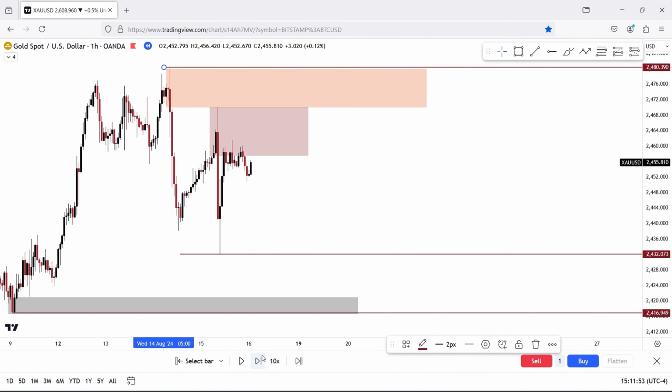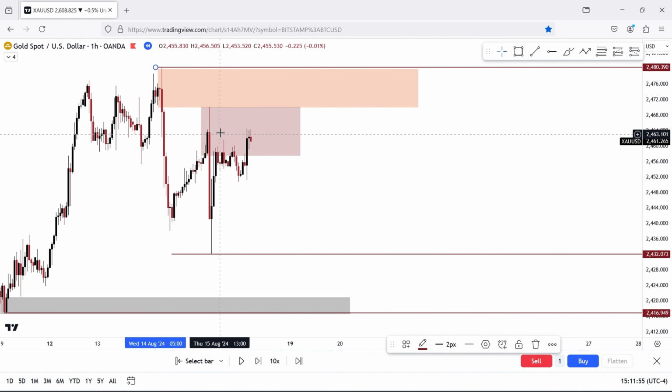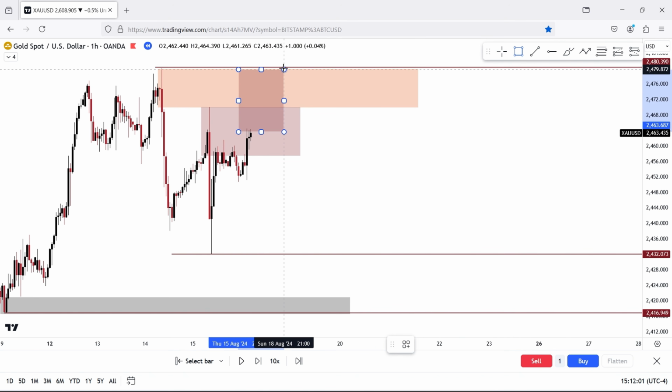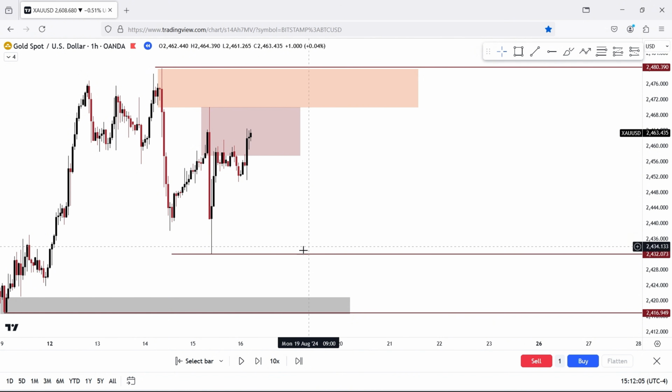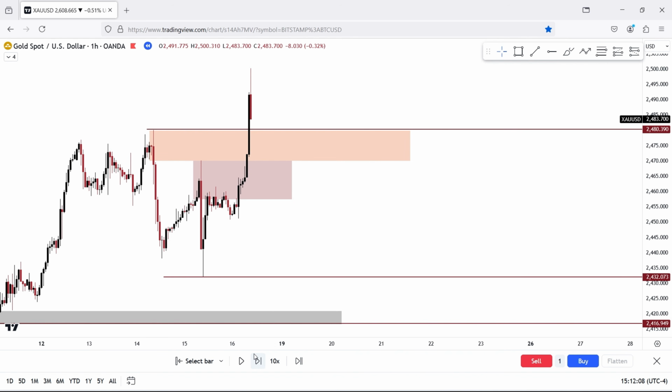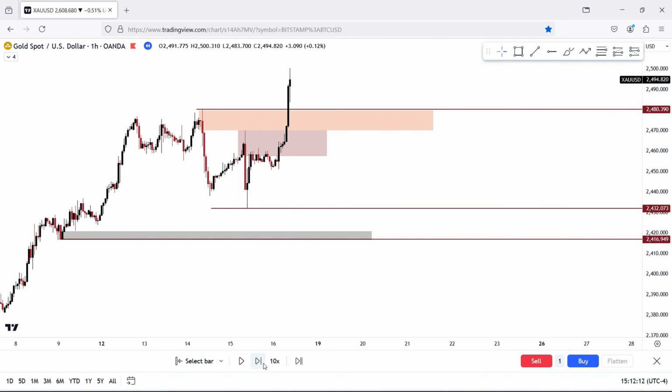See a lower high being made, and now a higher high being made. So now you can say price is targeting this level. Now you have free range in this entire area. And price now targeted this level. So let's carry on.